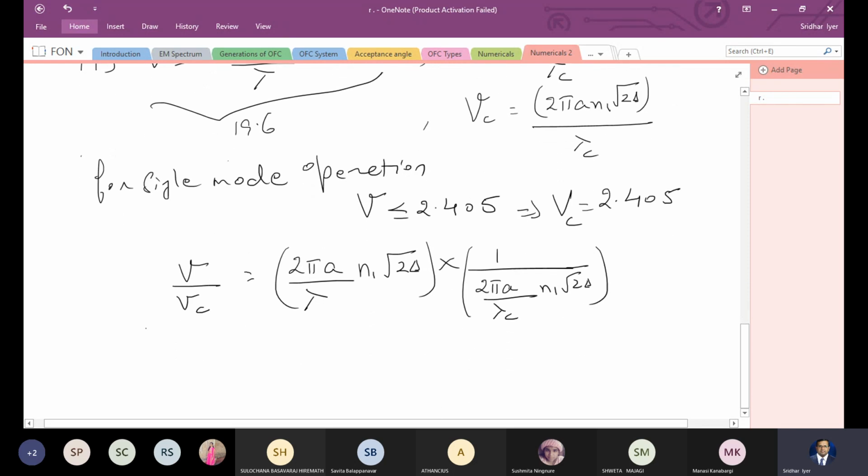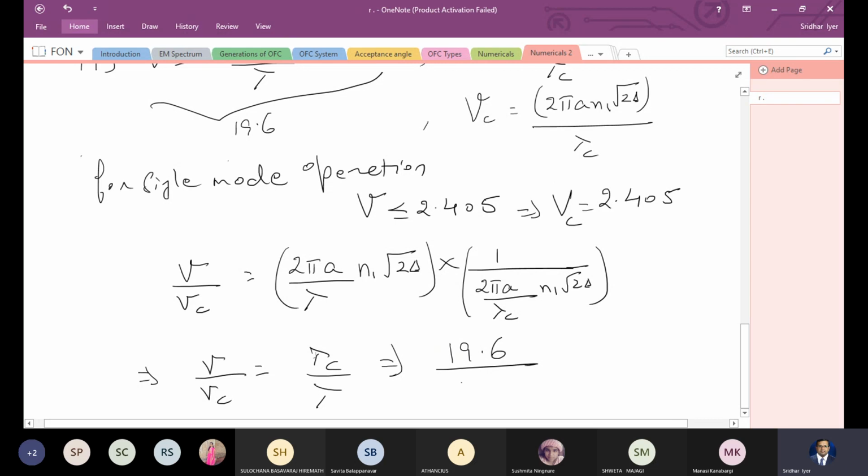Therefore, V by Vc will be, now I can eliminate all the factors which will divide. So 2 pi a n1 root 2 delta will cancel each other, and what we will get is lambda c by lambda, right?